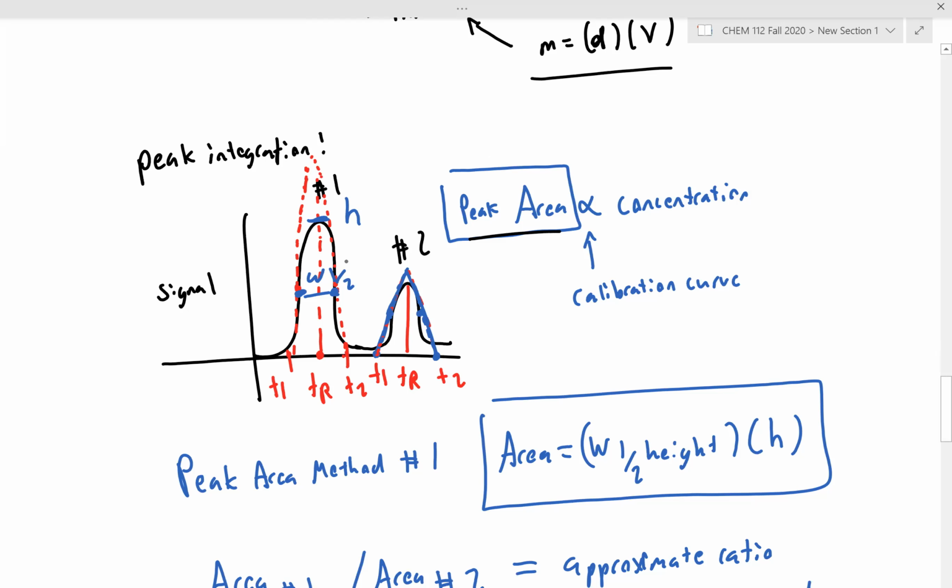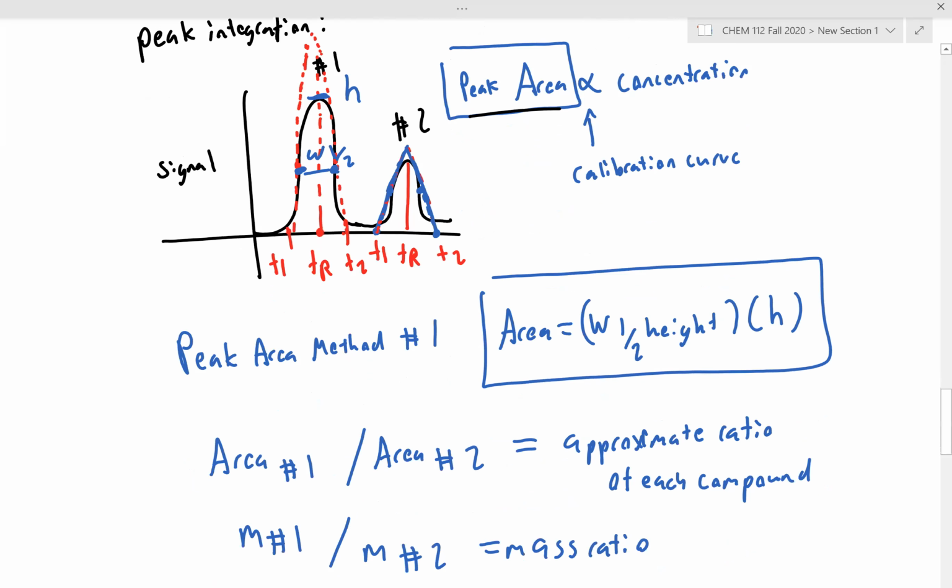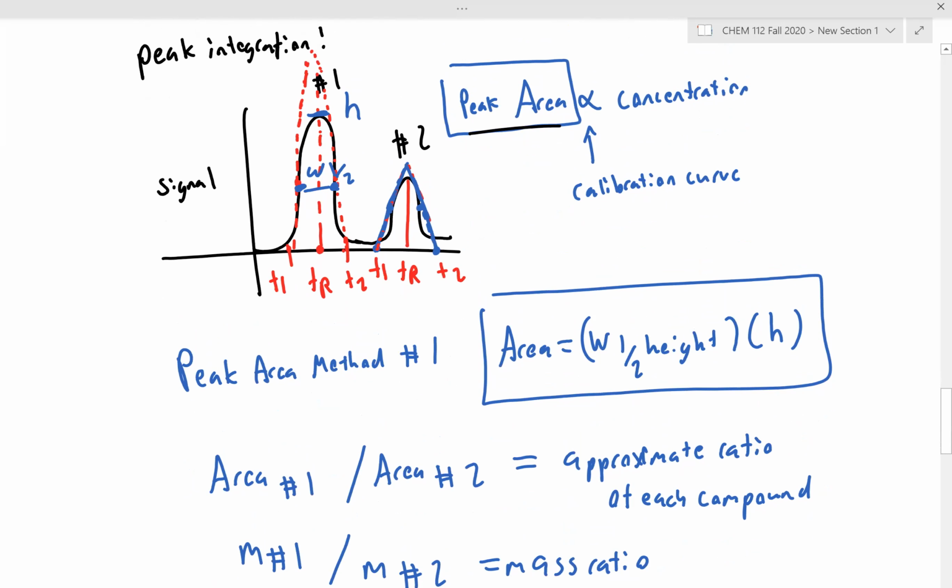So if we process each of our peaks and identify our peak height, retention time, and peak width, there are two main methods used to calculate peak area. The first is by using the width at half height times the height. So you take the height, you find the half height point, and you measure the width.